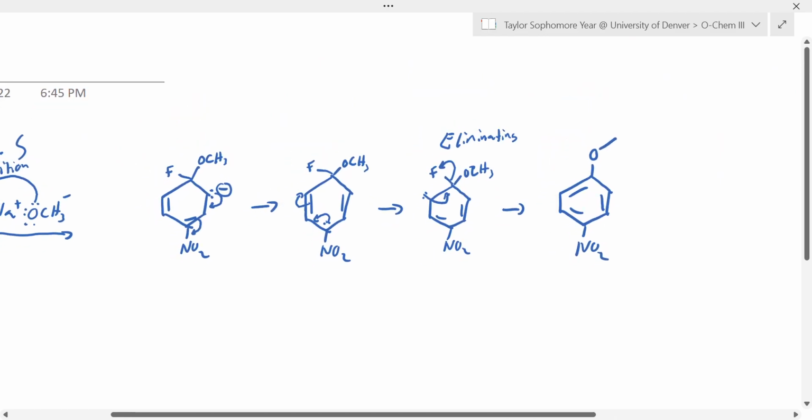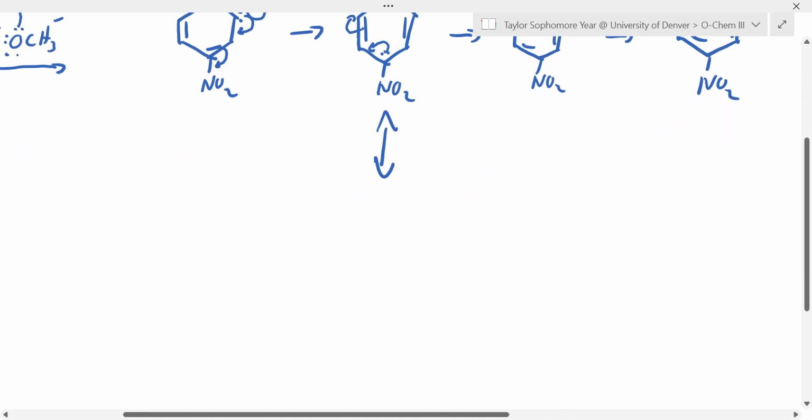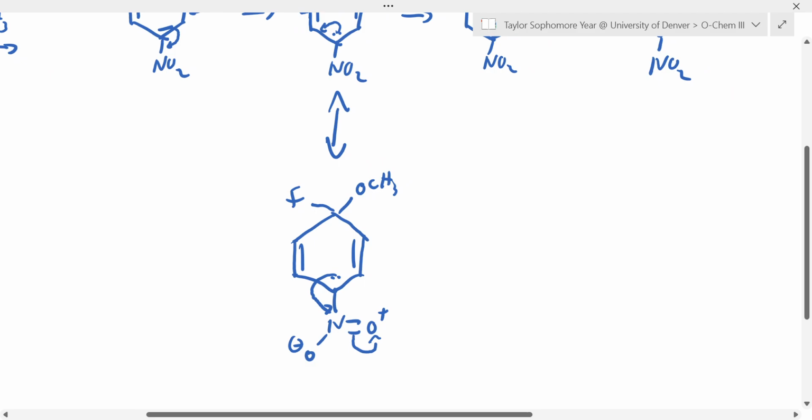And this path starts right here, where instead of doing that mechanism, you can go here and have this lone pair drop onto this nitrogen bond and kick out one of the double bonds on oxygen onto the oxygen.